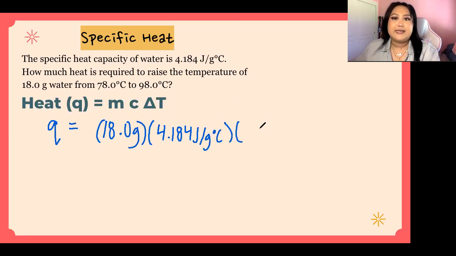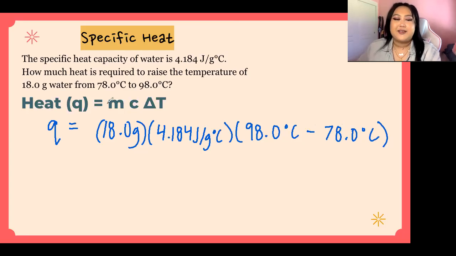And then our delta T would be 98 degrees Celsius minus 78 degrees Celsius. Do we have the same number of sig figs as last time? Yes. Perfect.